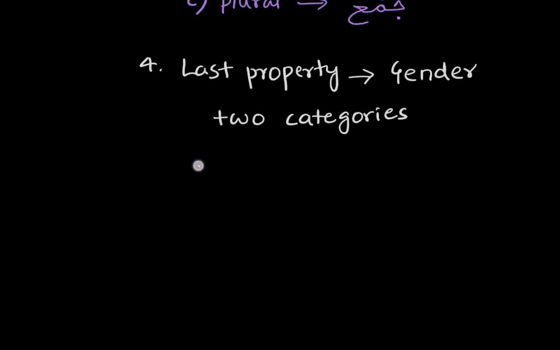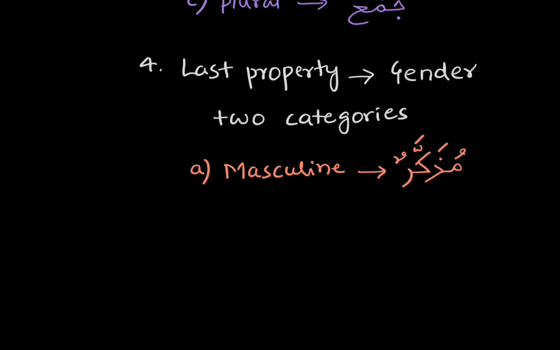So what are the two categories? The first one is masculine. The masculine in Arabic is known as muzakkarun. And the second one is feminine. The feminine in Arabic is known as muannas.